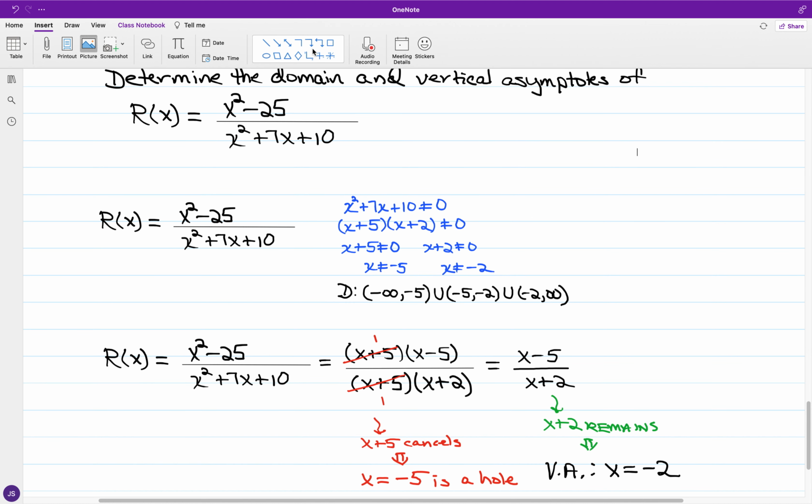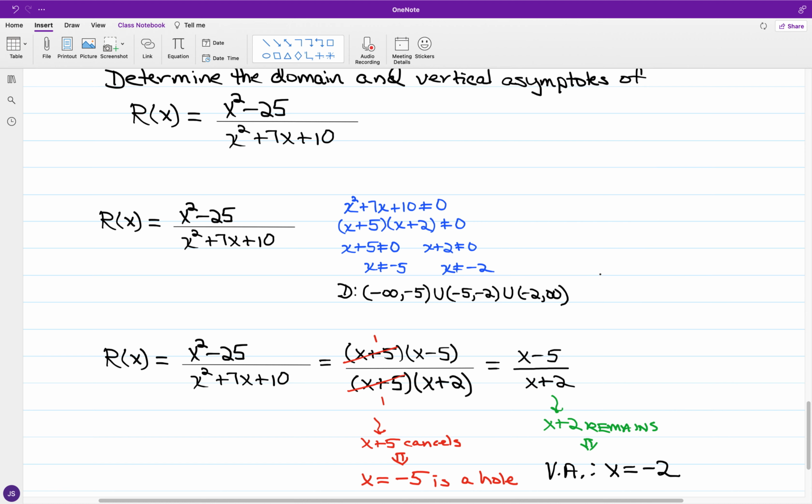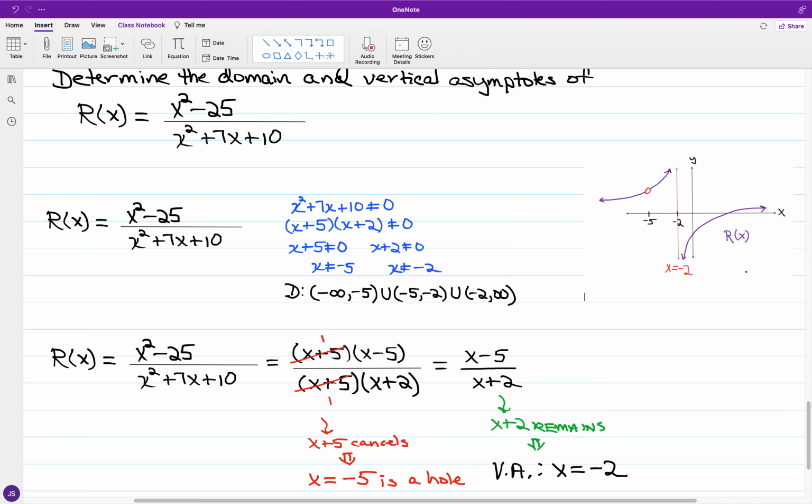So in terms of how the graph shows up, generally speaking, we have r of x, and we have x equal to negative 2, so that is going to be the vertical asymptote, and we have a hole at negative 5.